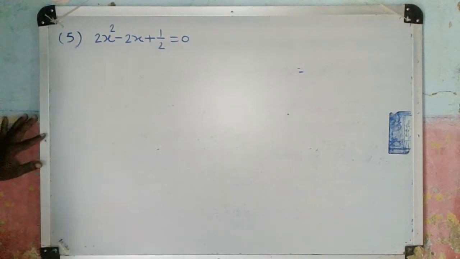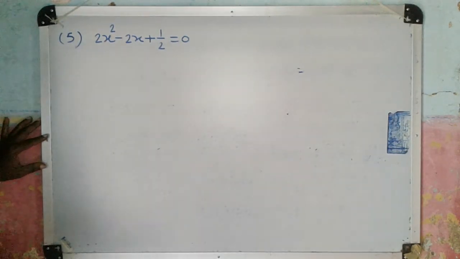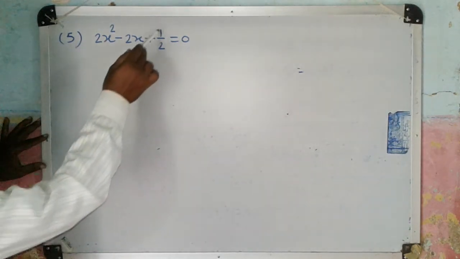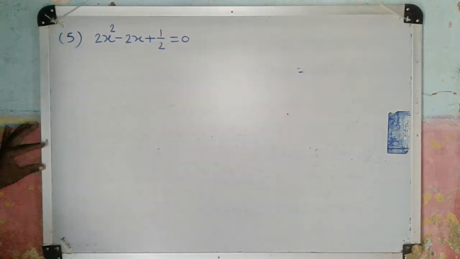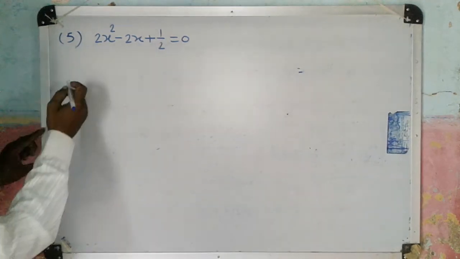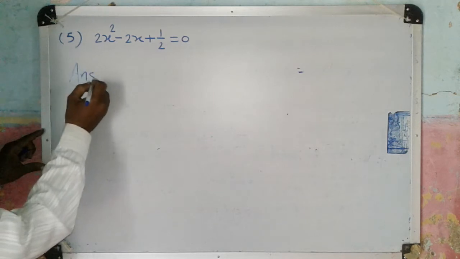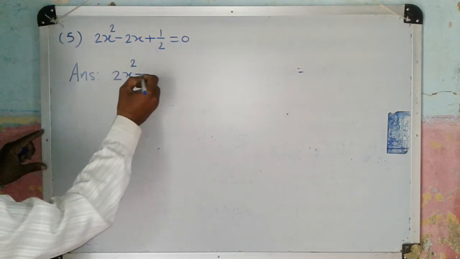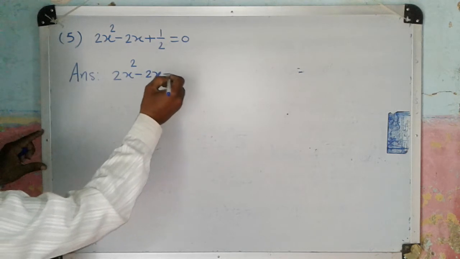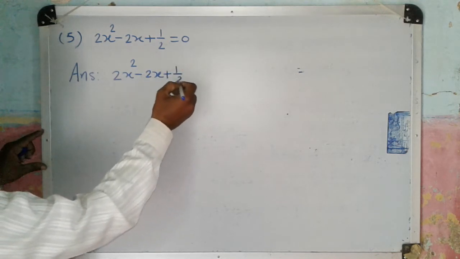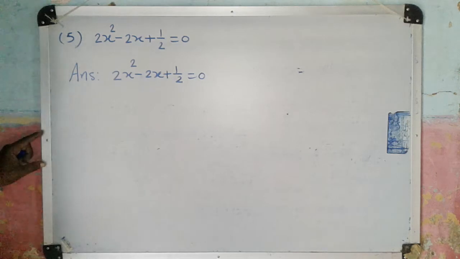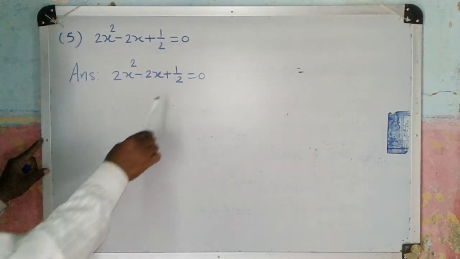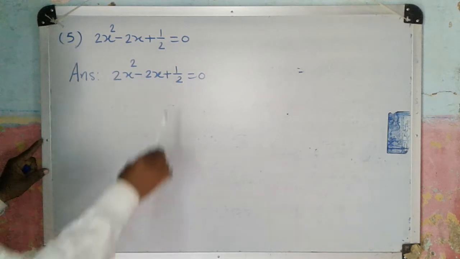Now example number 5. The quadratic equation is 2x square minus 2x plus 1 upon 2 is equal to 0. This is our given equation. First we will simplify this. For simplifying, multiply both sides of the equation by 2.